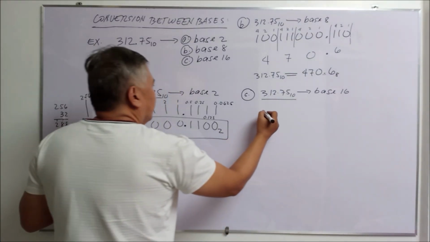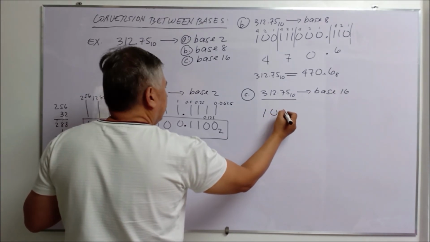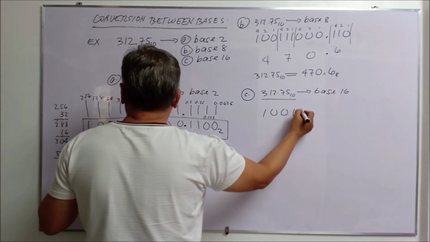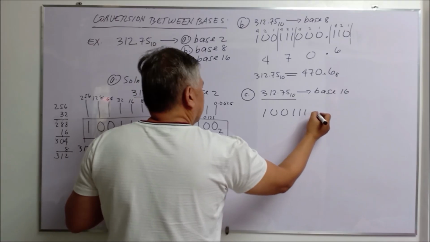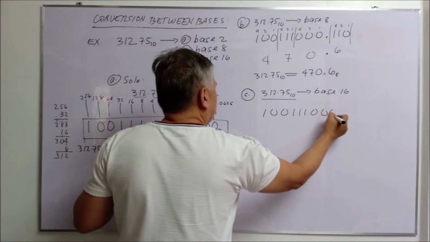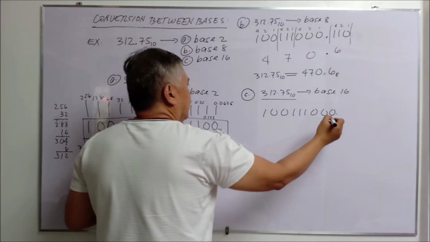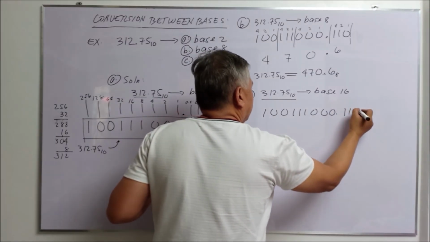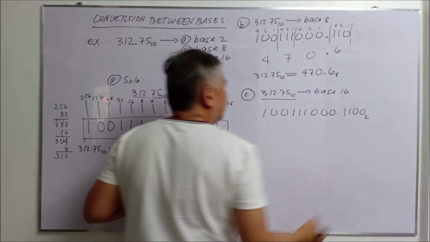You have 1, 0, 0, 1, 1, 1, 0, 0, 0, point 1, 1, 0, 0 of base 2.